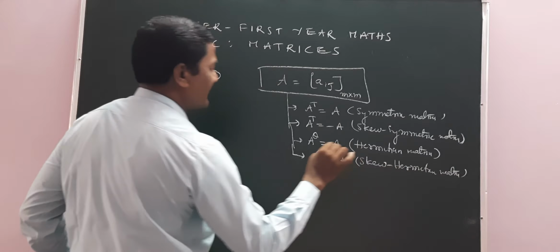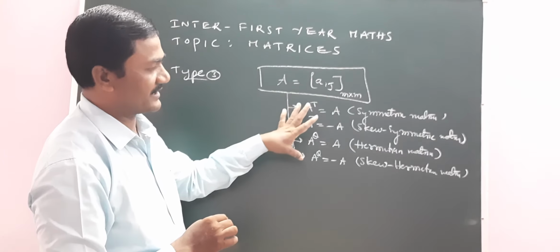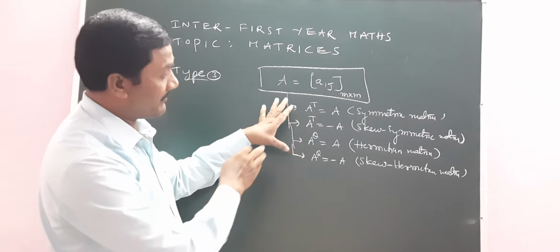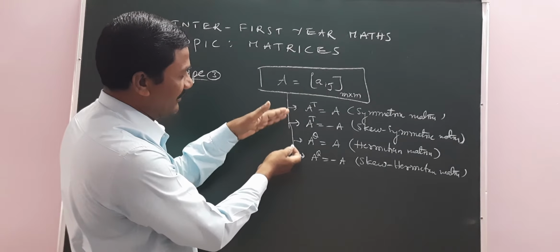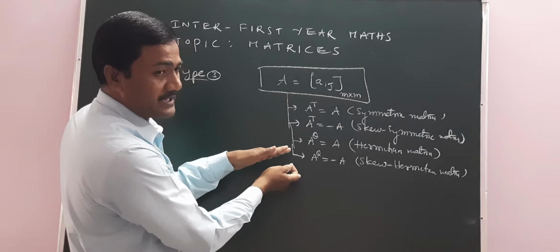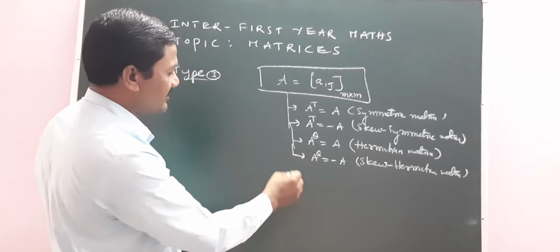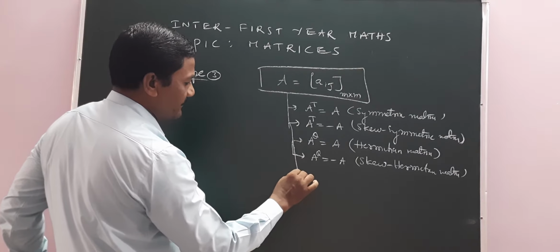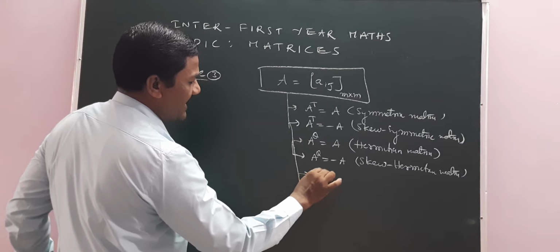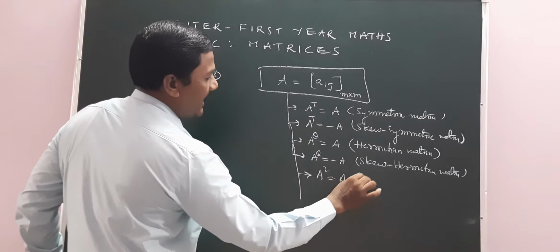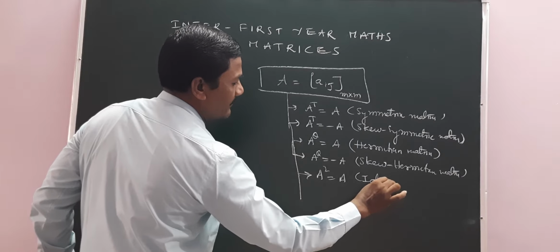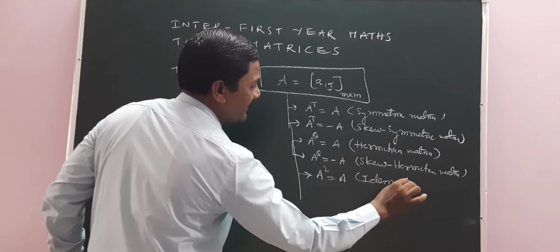These are the four definitions already discussed elaborately in the previous classes. Why are we writing them again? We are applying a tree method and extending some more definitions also. Here A square is equal to A is an idempotent matrix.